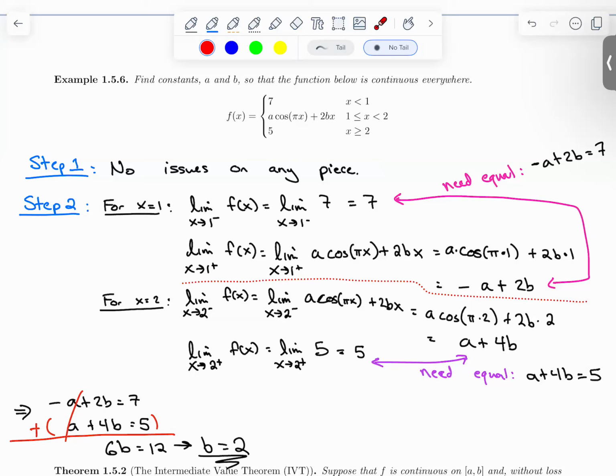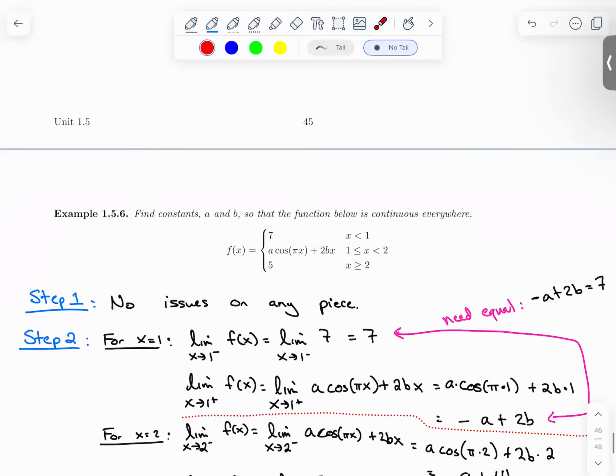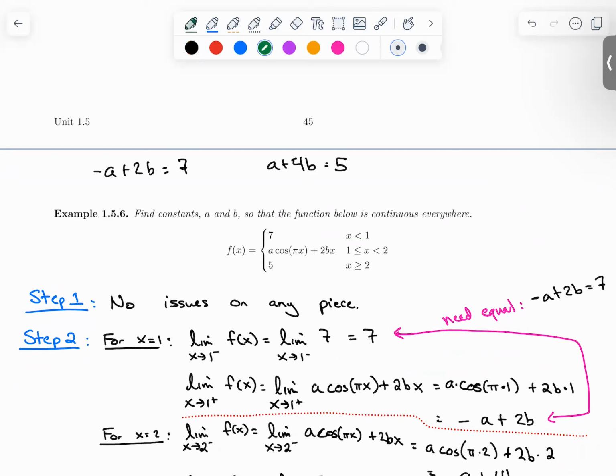Yes, exactly right. Thank you for bringing that up. The other way to do this would be to take that negative A. So you have negative A plus 2B equals 7, and you have A plus 4B is equal to 5. You could solve this one saying that A is equal to 2B minus 7. Bring the A to the right-hand side, subtract the 7.